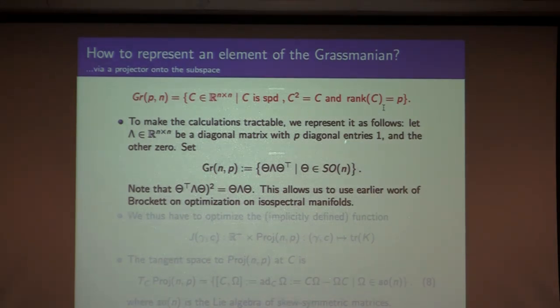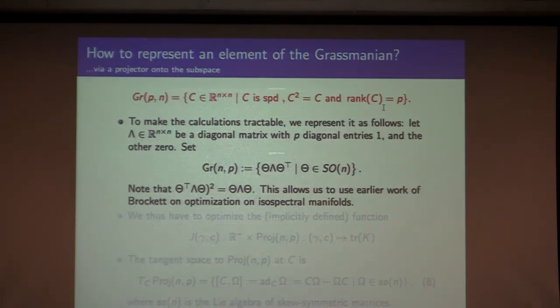And how can we represent this space? As a space of matrices theta transpose, lambda, theta, where theta is orthogonal, meaning theta, theta transpose is equal to the identity, and lambda has p entries equal to 1 and n minus p entries equal to 0. If you choose lambda like this, you can easily check that, sorry, there is a parenthesis missing, (theta transpose lambda theta) squared is equal to theta transpose lambda theta, and you clearly have that the rank of such a matrix is equal to p.